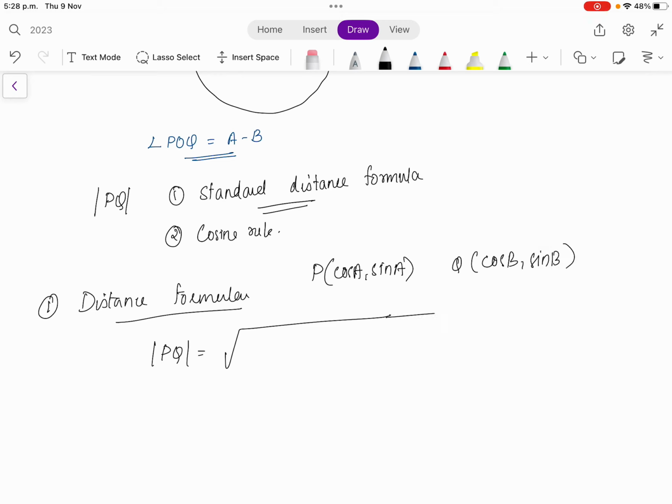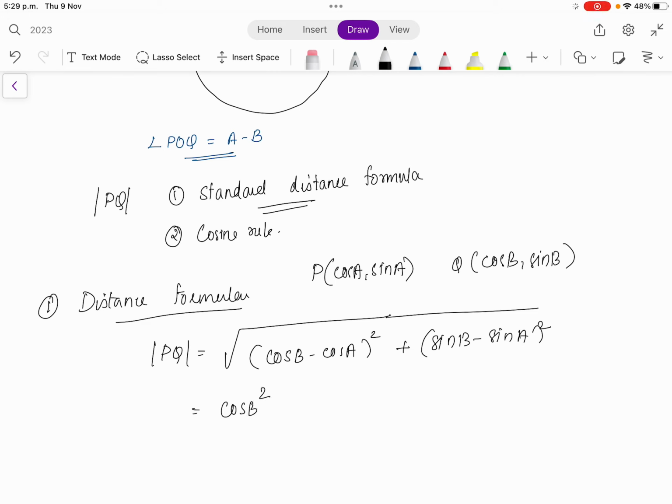The distance formula will be the square root of (y2 minus y1) the whole square plus (x2 minus x1) the whole square. So it is (cos B minus cos A) the whole square plus (sin B minus sin A) the whole square. The formula is there in the formula book; it is a coordinate geometry formula. Now we need to expand this.